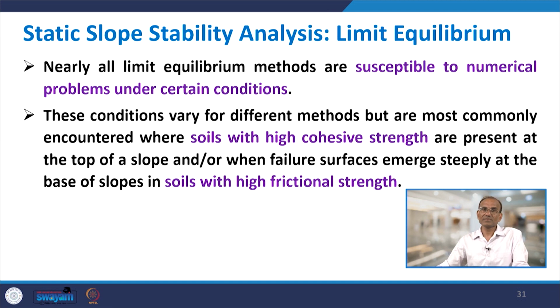These conditions vary between methods, but are most commonly encountered where soil with high cohesive strength is present at the top of a slope, or when failure surfaces emerge steeply at the base of slopes in soil with high frictional strength. So, in that case the errors will be large. These are the limitations of slope stability analysis.